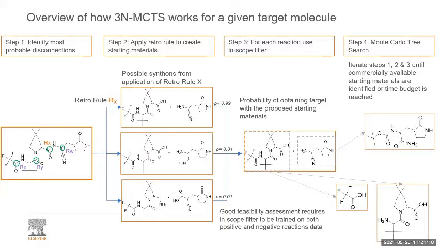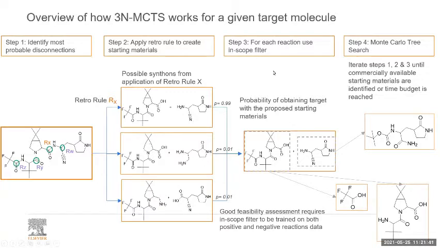Are all starting materials readily available as building blocks, or do I need to go down further? I should note here that these building blocks do not necessarily have to be commercially available. It can also be an in-house available substance, and the tool is able to handle these kinds of substance libraries, which can be loaded easily into the tool, which we have done with a few customers already.